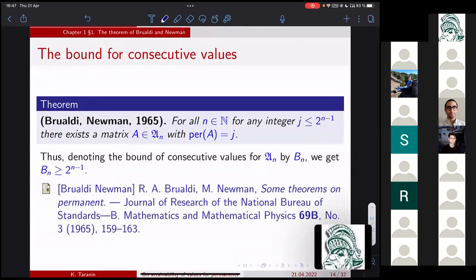So they proved that for any non-negative integer j below or equal to 2 to the power of n minus 1, there exists a 0-1 matrix of order n with permanent equal to j. The proof is quite elegant, I would say.